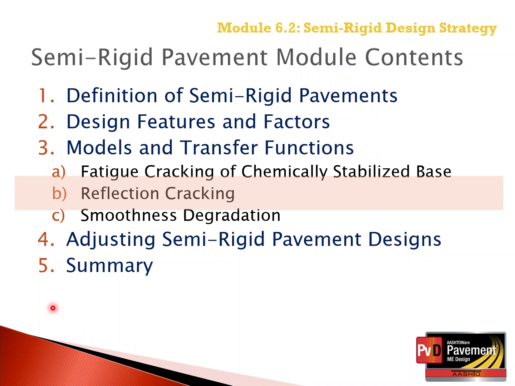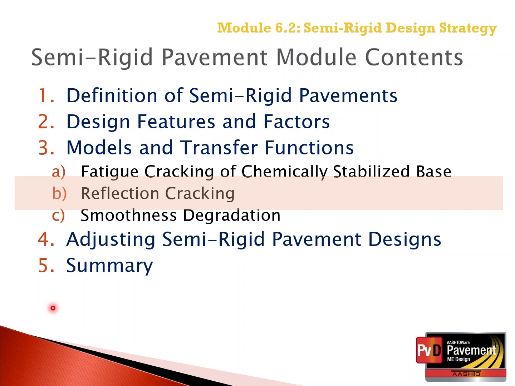So now let's move to reflection cracking. Two types of reflection cracks are predicted by the Pavement ME software: reflection of fatigue cracks from the chemically stabilized layer, and the reflection of transverse cracks or shrinkage cracks from the chemically stabilized layers.